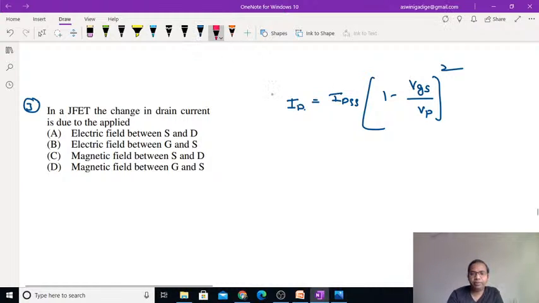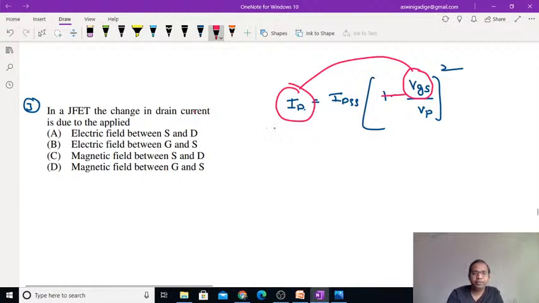That means if you observe, the drain current depends upon the voltage we apply between the gate and source. Fine. That means it is an electric field. So whatever the drain current we take, it depends upon the gate to source voltage.